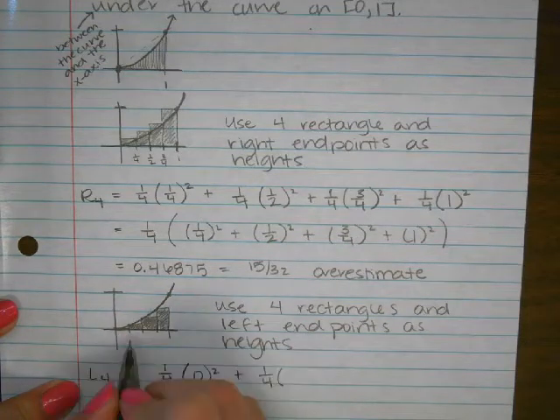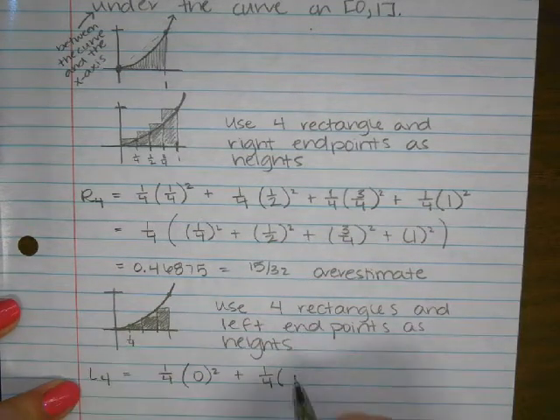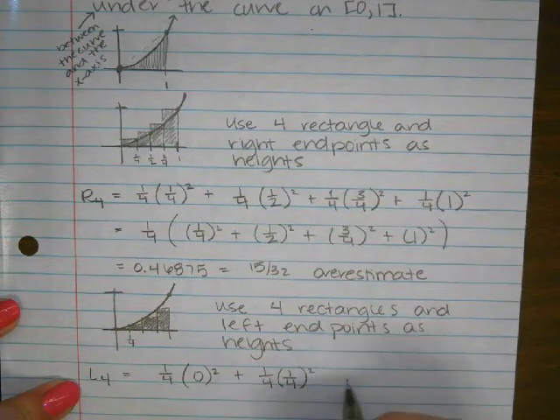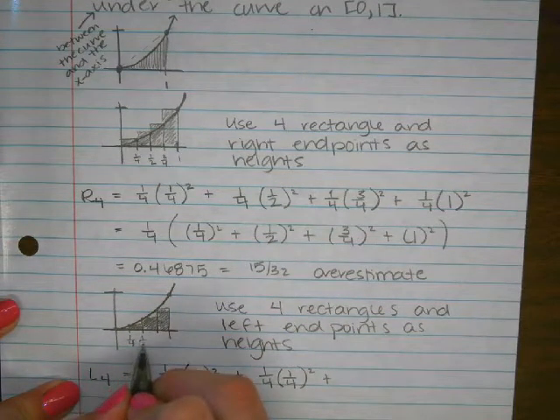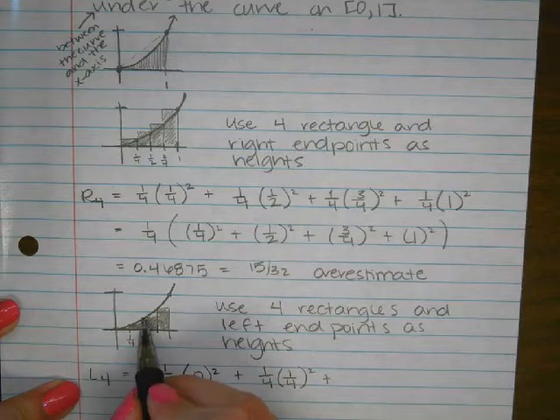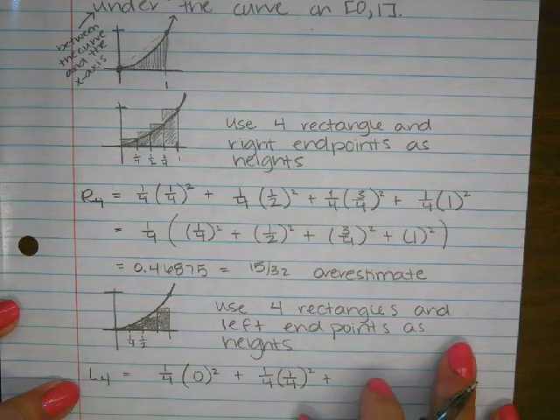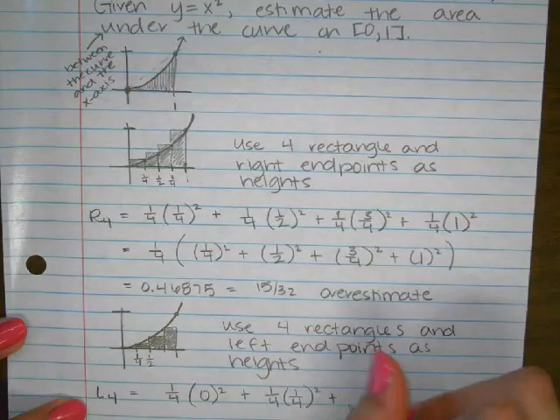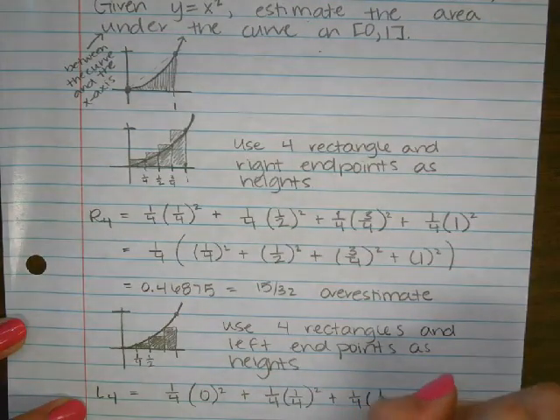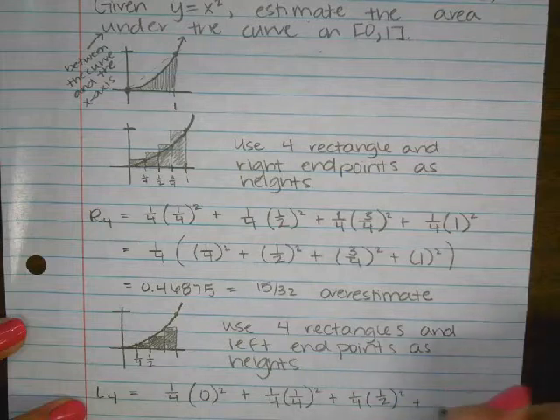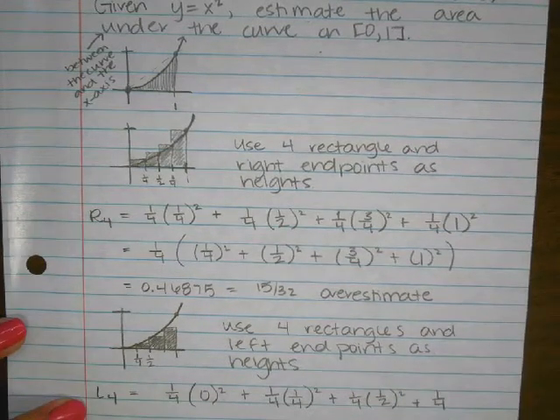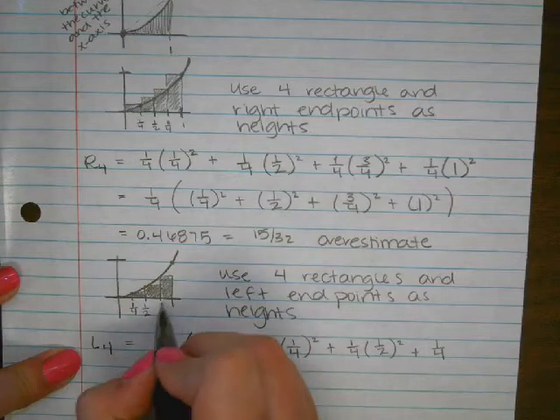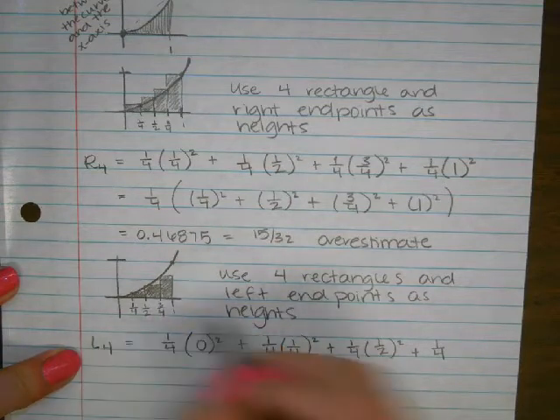This one would be 1/4 squared. Another width of 1/4. The left endpoint here is 1/2. We get the height by looking at 1/2 as it's plugged into the curve. So 1/2 squared. And then the last width of 1/4. And the height for this one would be 3/4.